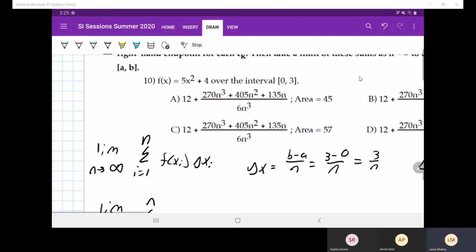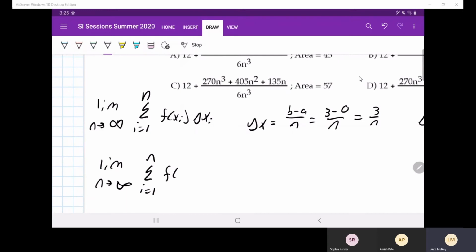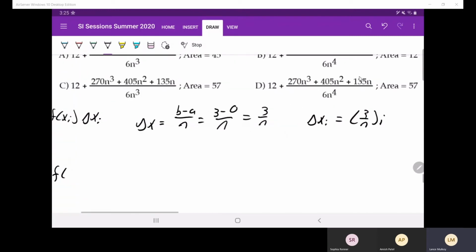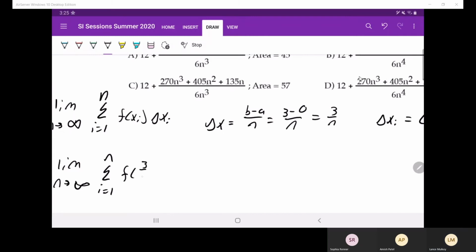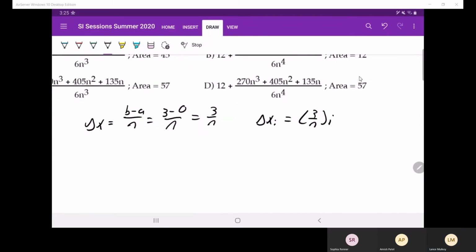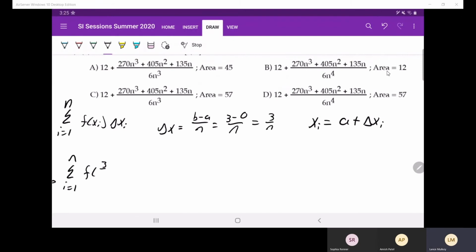Did I get up to x squared? Yeah. Okay. And f of xi is 3 over n i. And actually xi, I was wrong. It's not delta xi. Xi equals a plus delta x times i, right?